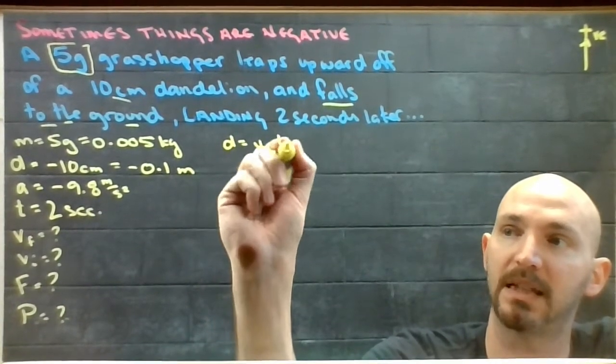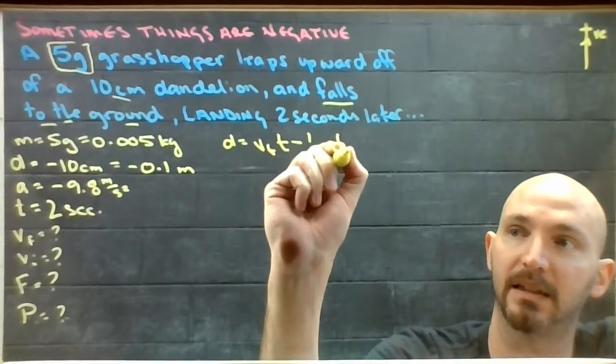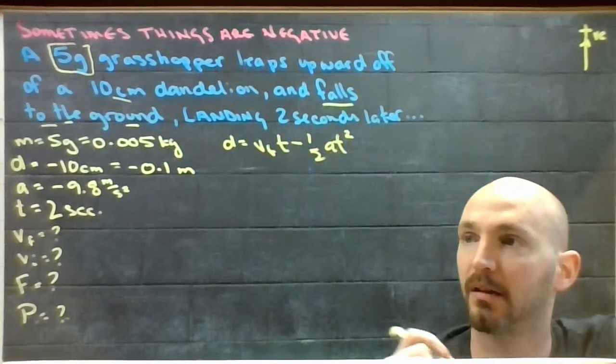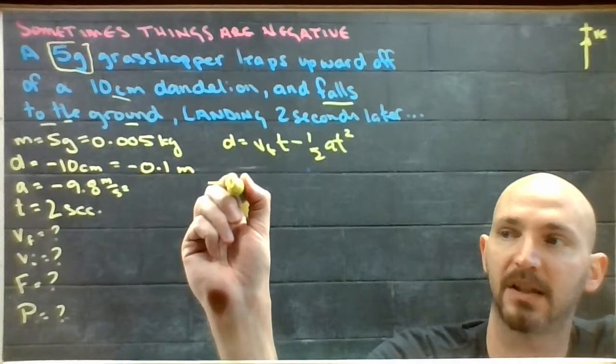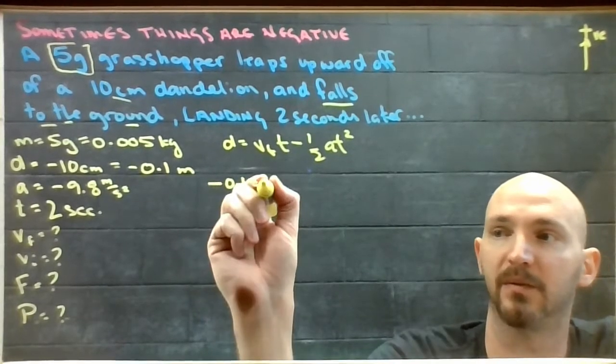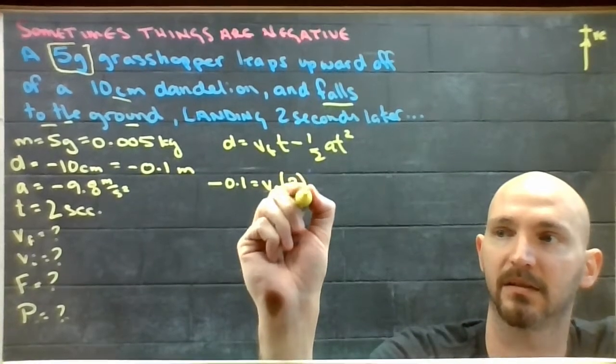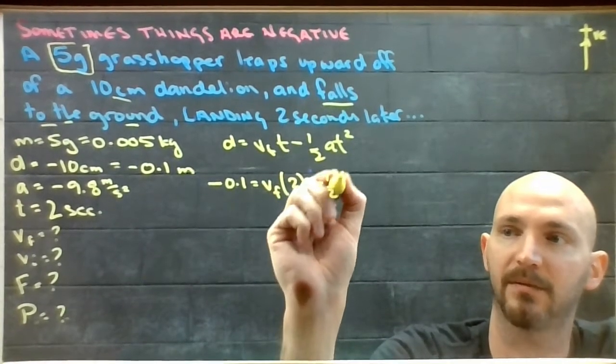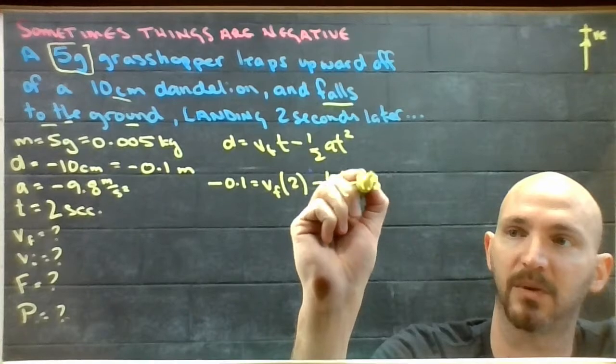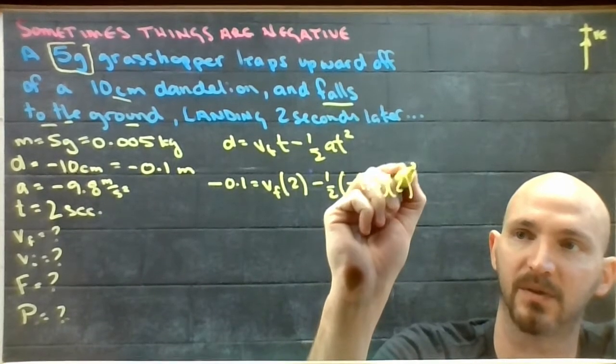Distance is v final times t minus 1/2 a t squared. So a distance of negative 0.1 meters, v final, which I don't know yet, times a time of 2 seconds, minus 1/2, an acceleration of negative 9.8, and a time of 2 seconds, squared.